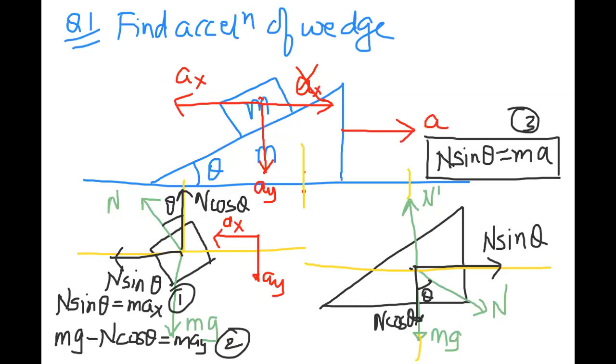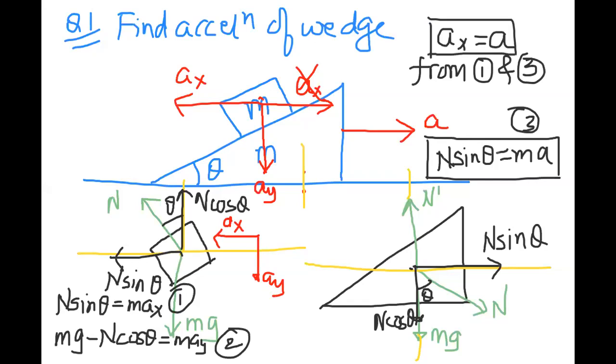N is same, theta is same, m is same for both the blocks, and therefore AX must be equal to A. Right? This is coming from equations 1 and 3.